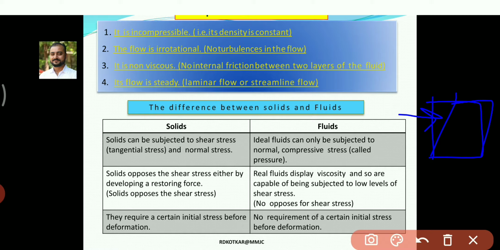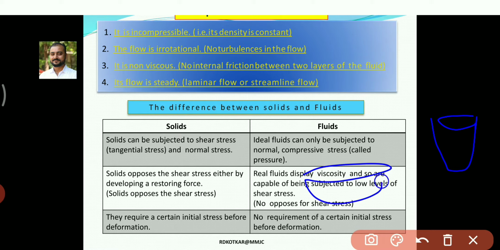But in case of fluids, the real fluids display viscosity and so are capable of being subjected to low levels of shear stress. Means in short, they will not oppose a shear stress. Suppose you take a liquid into a container, a kind of cup, and pour it into a big vessel like this.